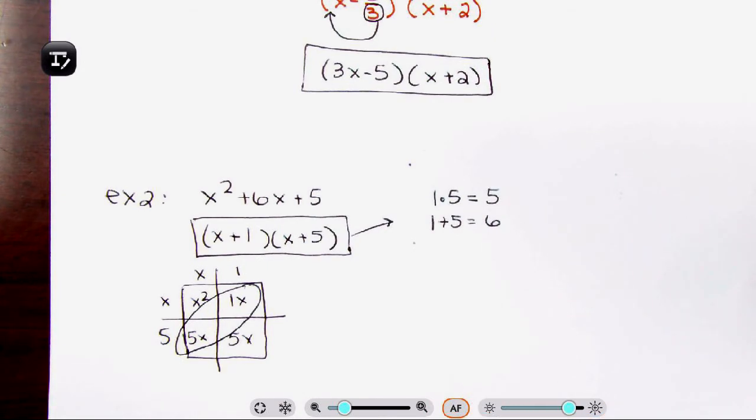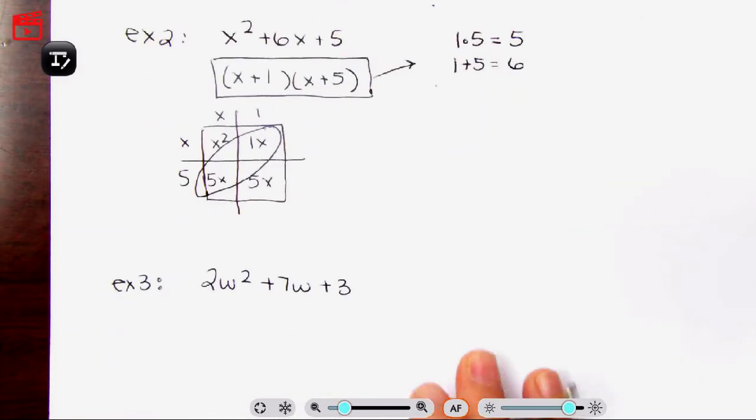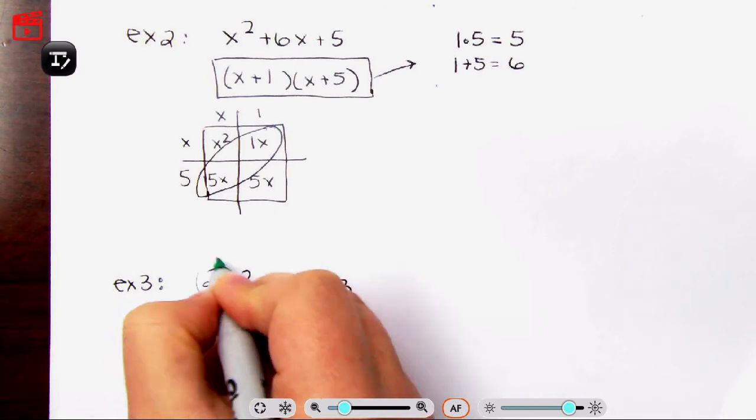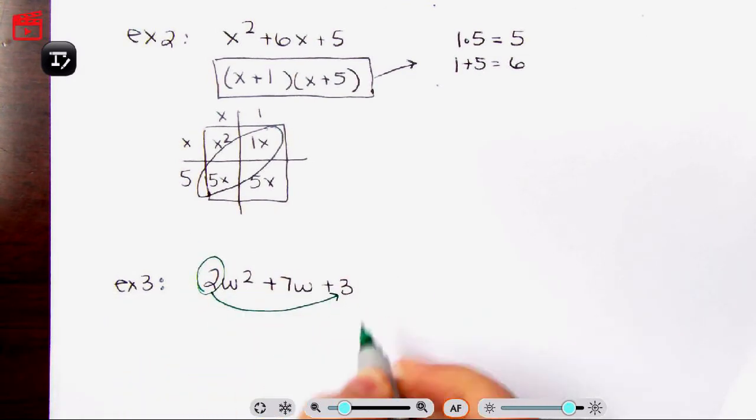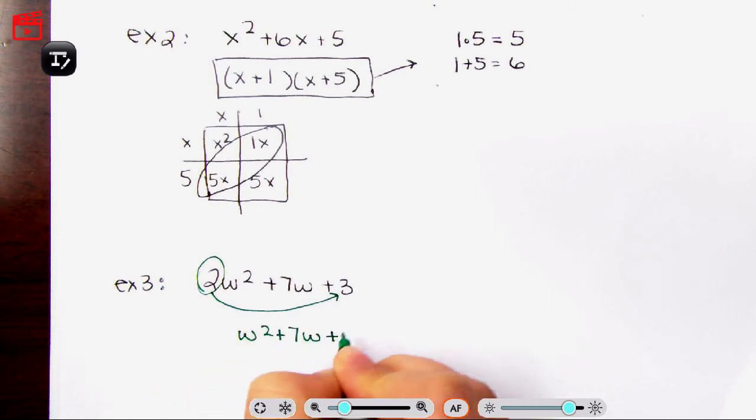So let's do example 3. For any number, let's do 2w squared plus 7w plus 3. Let's see if this one factors. So step number 1 is you take your leading coefficient and multiply it. So I have w squared plus 7w plus 2 times 3 is 6.